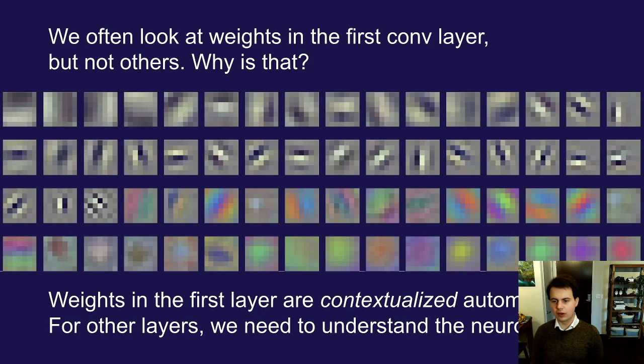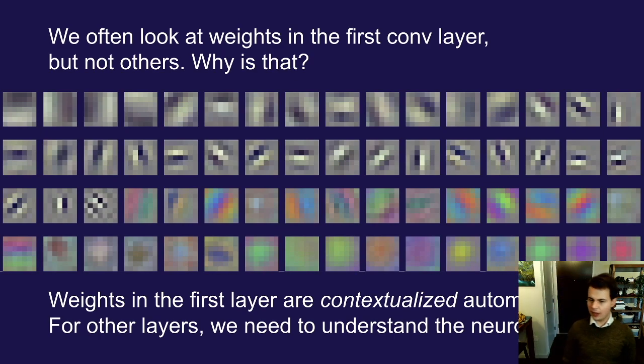Why do we very often look at the weights in the first layer, but almost never look at the weights in other layers? Well, weights in the first layer are contextualized. We know what they link to. We know that they connect to red, green, and blue values, and so it's actually very easy to think about what those weights mean. In fact, we can just visualize them by turning them into images.